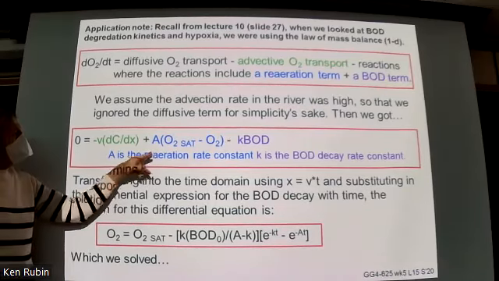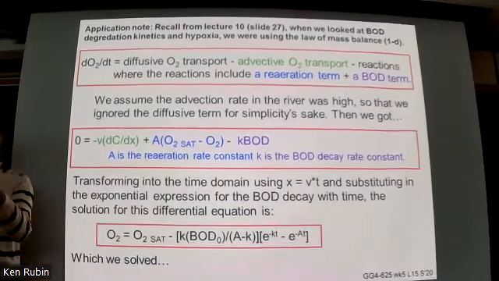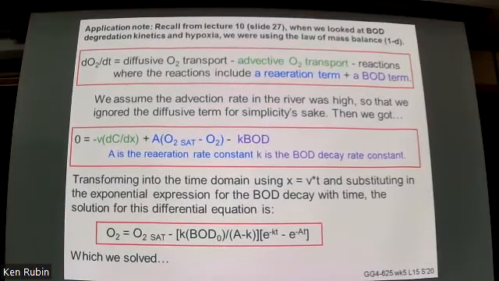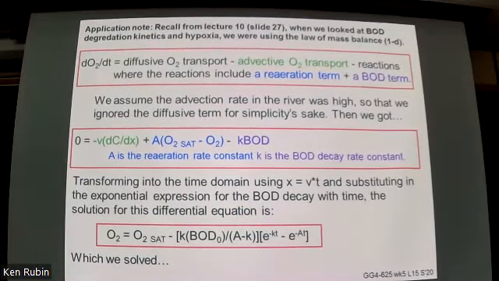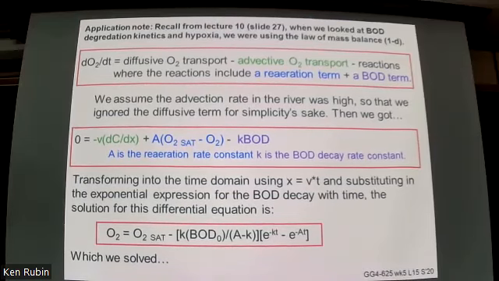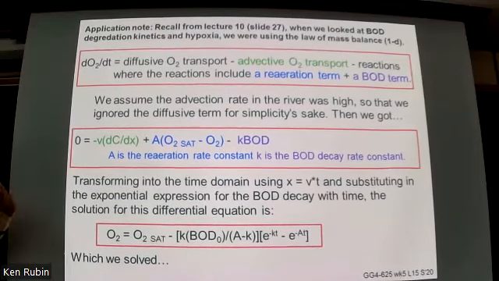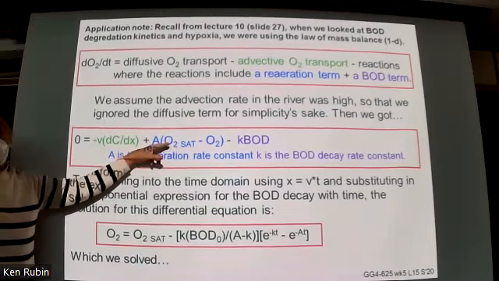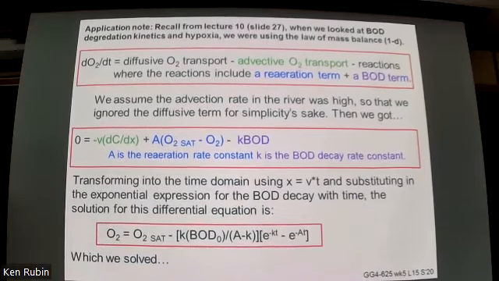Now, this is another reaction term, which, as we talked about before, was a re-aeration term, right? If you've got water flowing in a river, it can mix with the atmosphere, and this can allow equilibration of gases. It doesn't even have to just be oxygen. It could be chemical contaminants as well. We'll have an example of this near the end today.